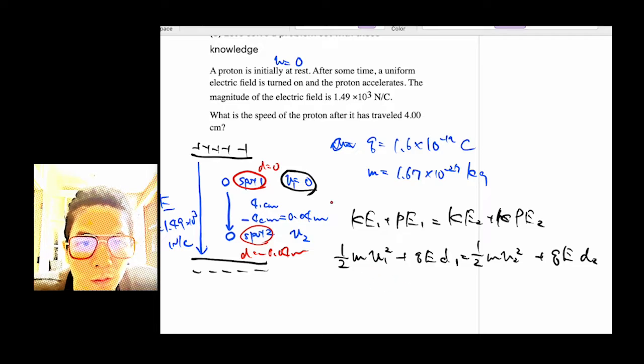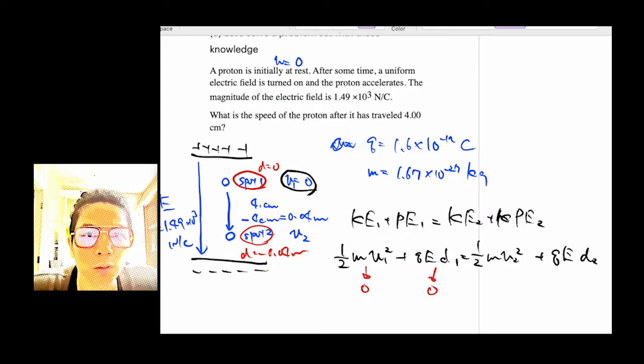So if you plug this v1 into here, this is going to be 0, and if you plug this d equals 0 into here, this is also going to be 0.